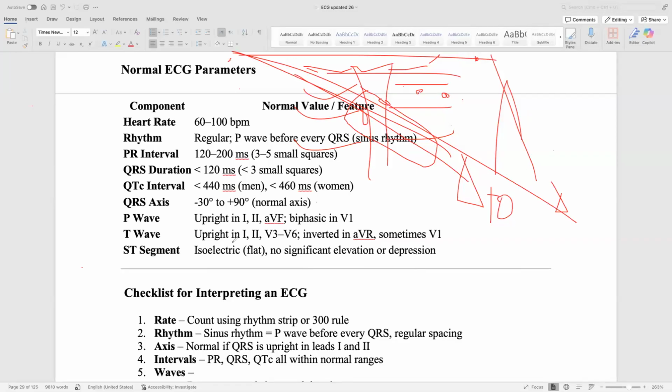Sorry, and aVF. Leads 1 and 2 and aVF. Okay, V1 is here or here, for example. Here the electricity is half negative, half positive. So in V1 the P wave will be biphasic, starting negative, then positive. Right.